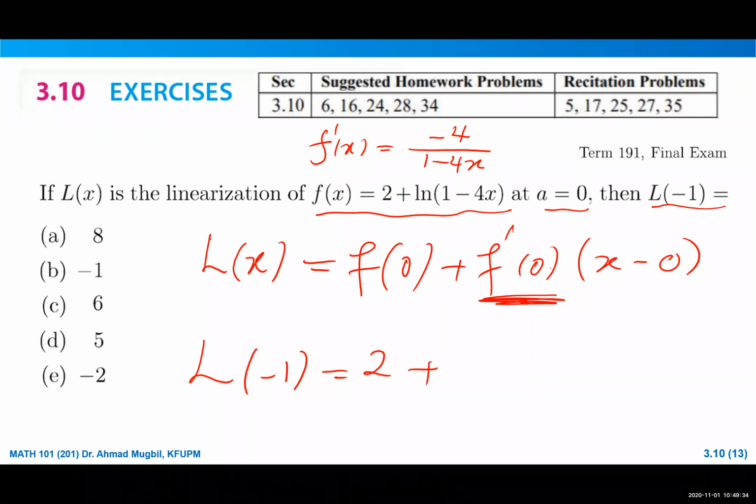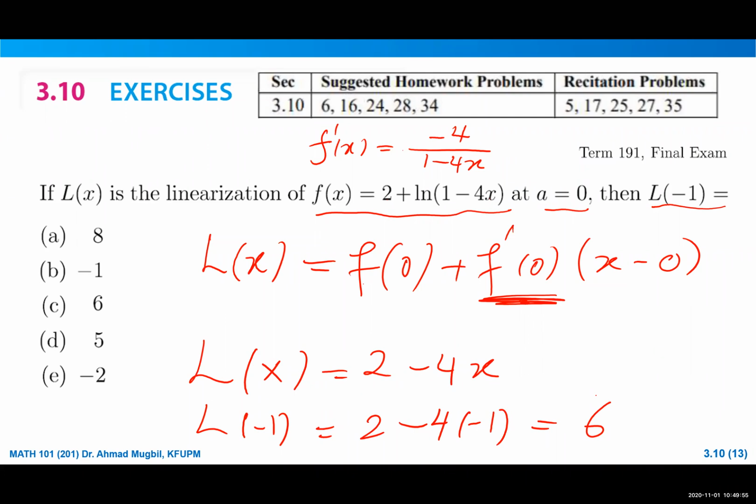Plus the derivative at 0 will be -4. So this will be L(x) = 2 - 4x. L at -1 will be just 2 minus 4 times -1, which will be what? 6. Yes, and that's it.